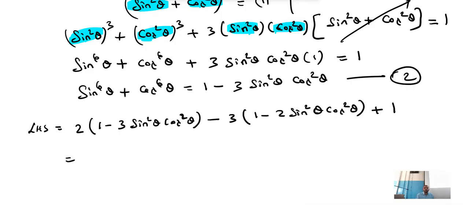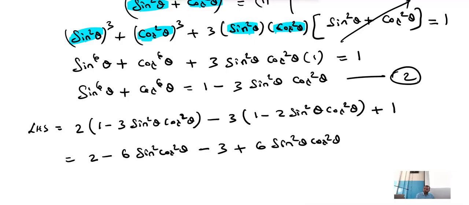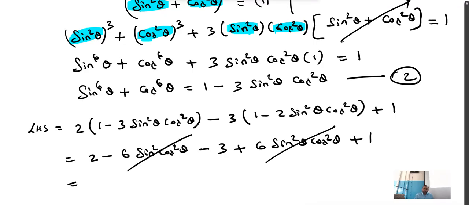Now multiply. 2 ones are 2 minus 2 threes are 6 sin square theta cos square theta, minus 3 ones are 3, minus into minus plus 3 twos are 6 sin square theta cos square theta plus 1. Now as you can see, plus 6 sin square theta cos square theta minus 6 sin square theta cos square theta get cancelled. Correct? I am right?